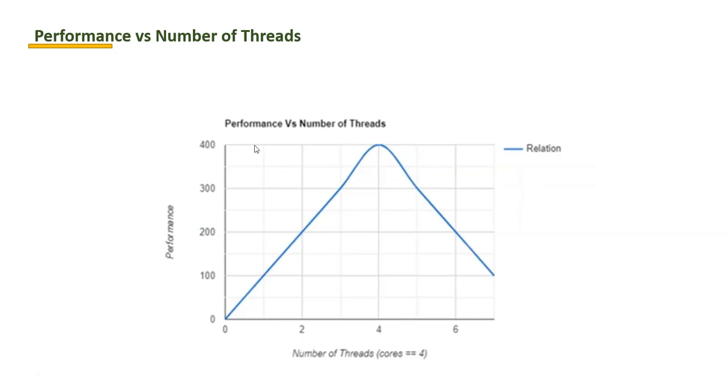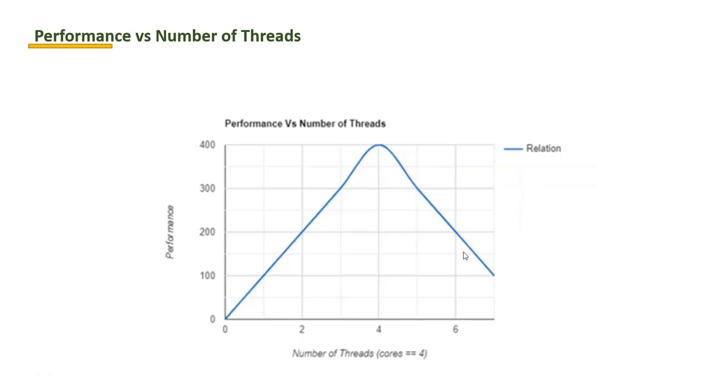Let's understand performance versus number of threads through a graph. Here I mentioned the cores and the performance factors. When I provide the max concurrency as 4, up to that my process performs better. But when I increase the max concurrency beyond the number of cores, the performance will fall down automatically.